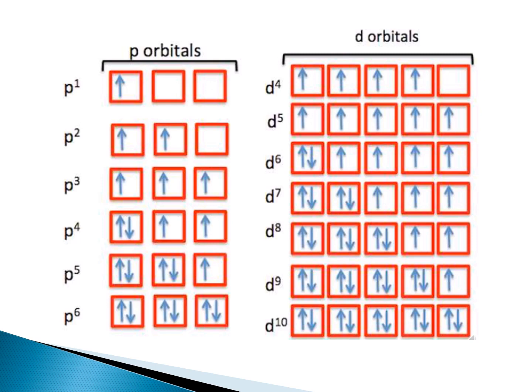In p1, the orbital has only one electron, which enters the first box of the p subshell. If we see p4, the first 3 electrons enter the 3 suborbitals with the same spin, which is spin up, and the fourth electron enters the first box with opposite spin, spin down.